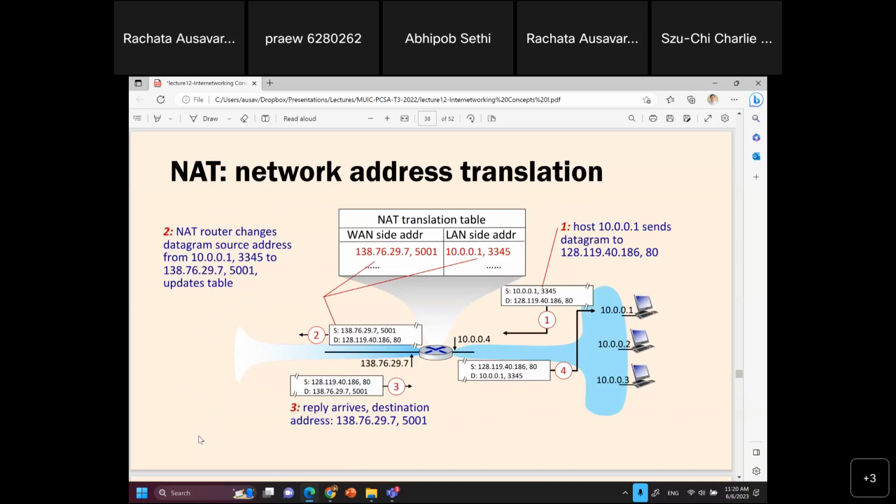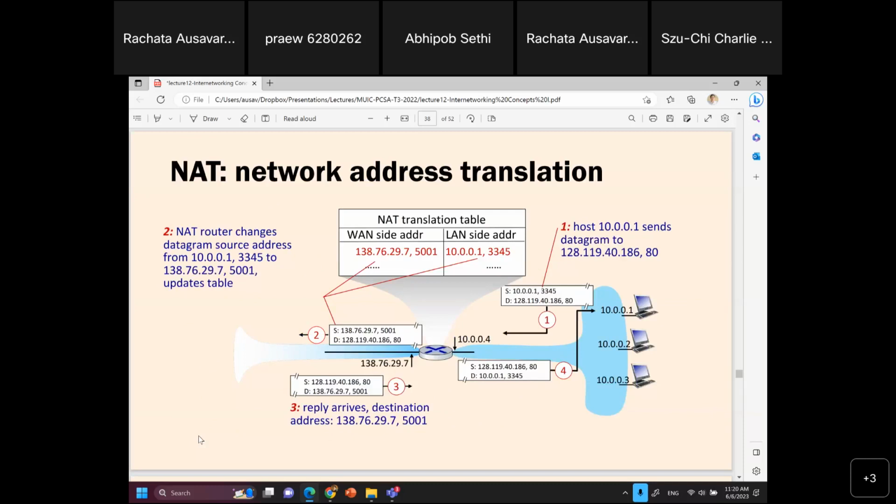And here is how you do it. Basically it's a giant table. There's a WAN side, wide area network, the outside world, and the LAN side, which is the internal network, the local network, right? Simplifying, I have the IP and port. I can look up the table, I know where to go.